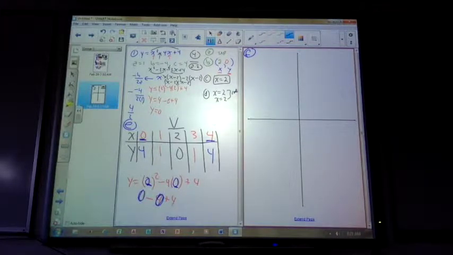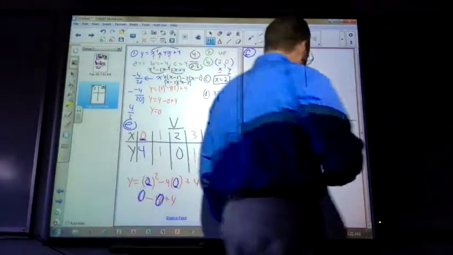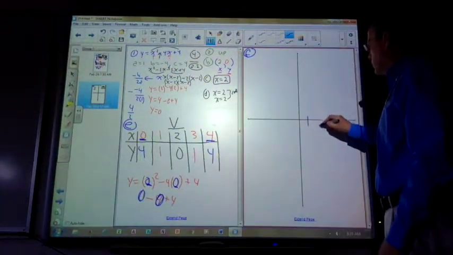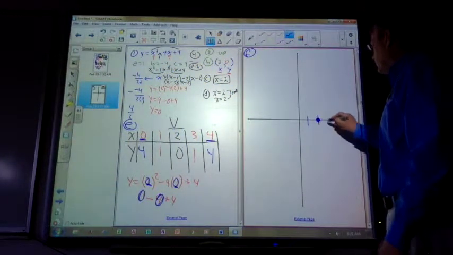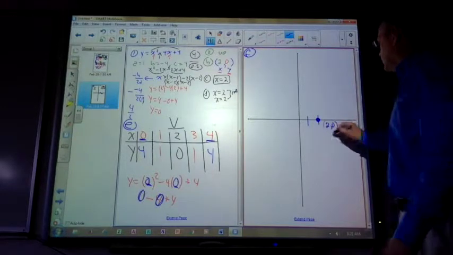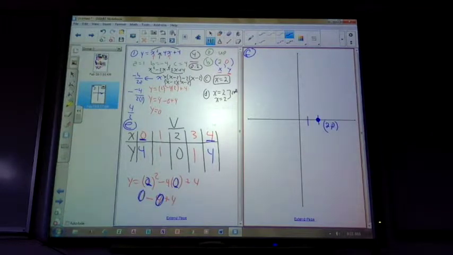The vertex is where? 2, 0. Agree? Seem okay? All right, so let's use our table of values and start plotting. I have 1, 1.